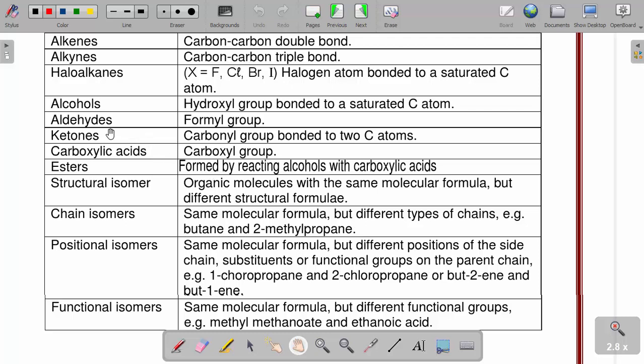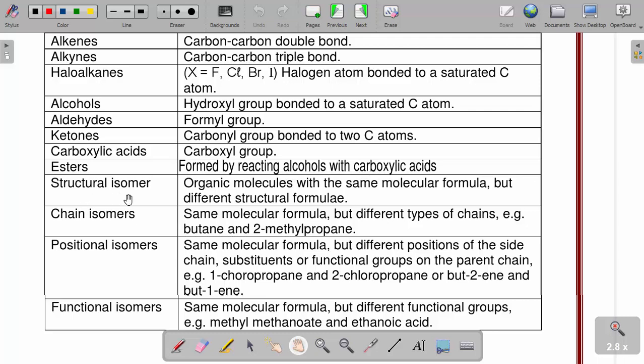Okay. Then we have ketones. We said the carbonyl group bonded to two carbon atoms, and then carboxylic acids, they contain a carboxyl group, and then esters formed by reacting alcohols with what? Carboxylic acids.